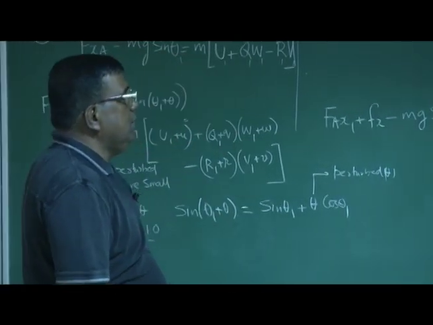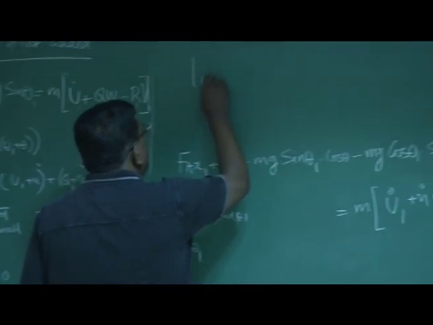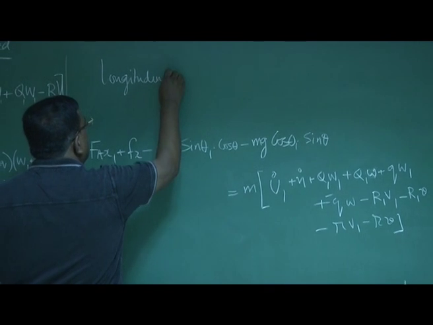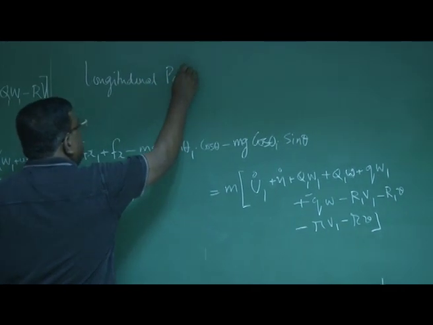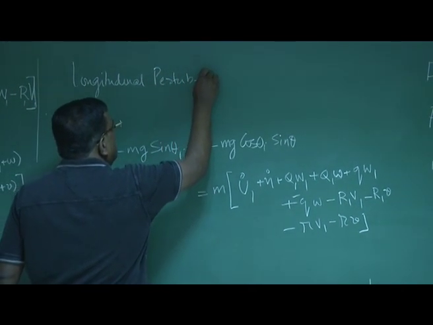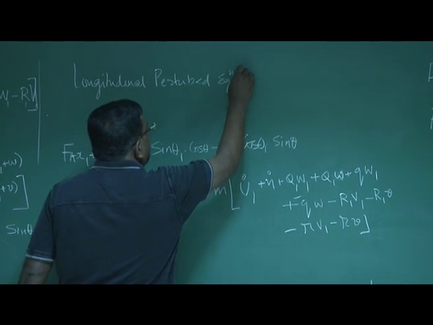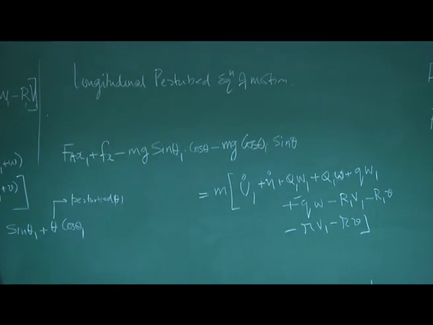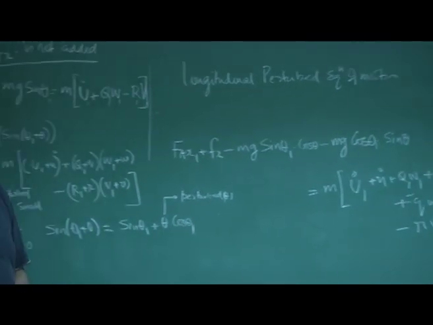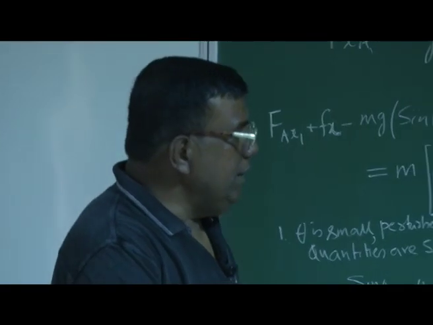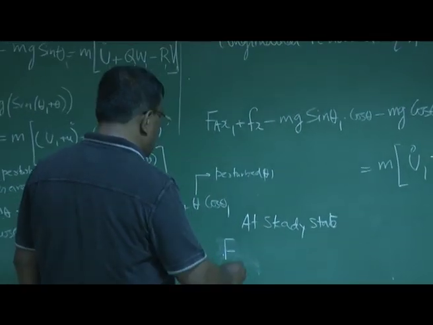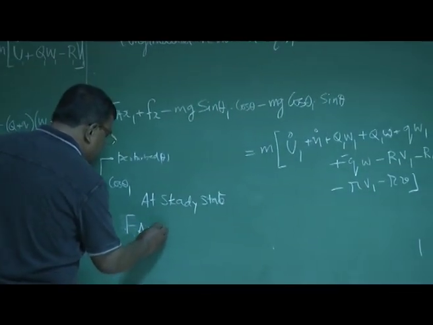Now you see what we are doing. We are doing the longitudinal perturbed equation of motion, right? And these perturbations are introduced where? At steady state. So we are trying to write at steady state whatever the condition, and that is Fax1.